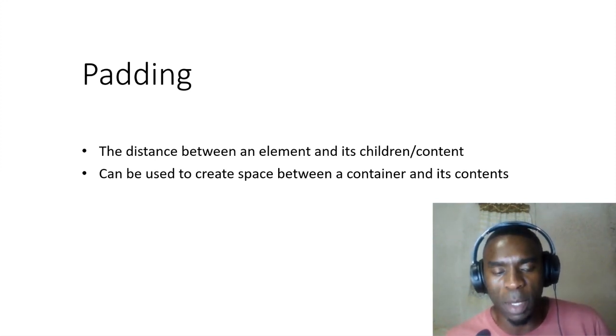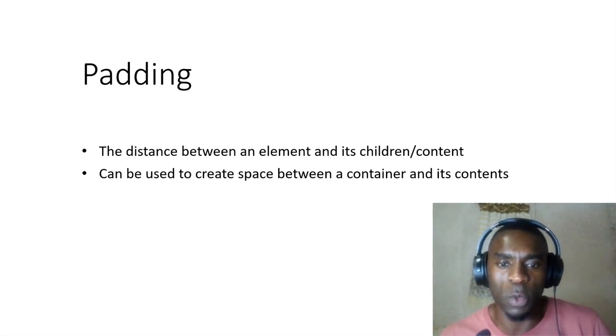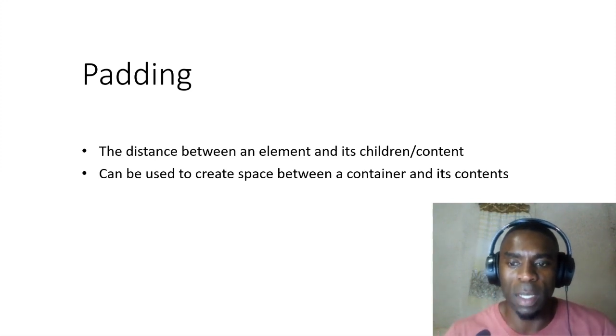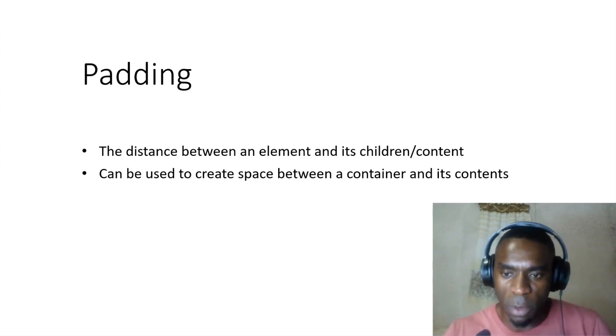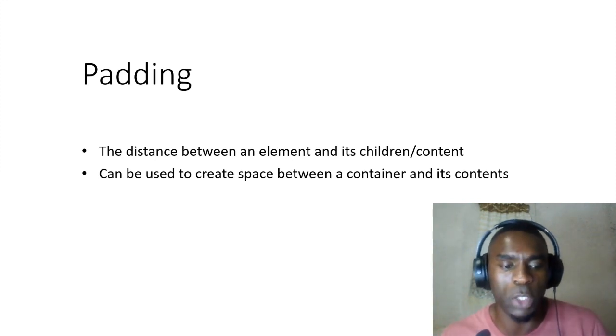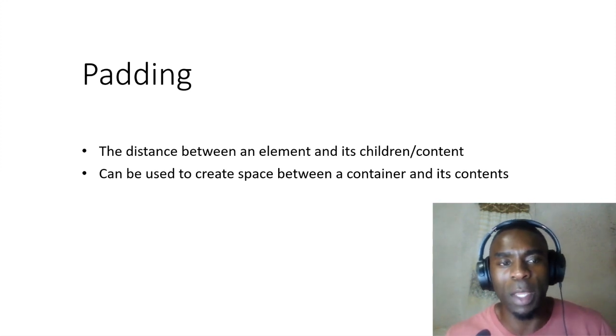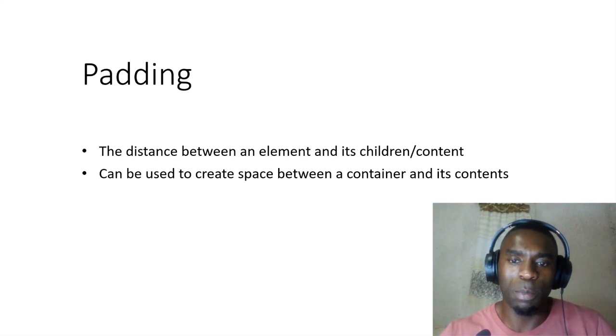You can use padding to create the distance between an element and its children. So the container can be a bit spaced out from its contents using the padding. So the simple difference is margin pushes away neighbors, whereas padding creates space between the parent and its children.